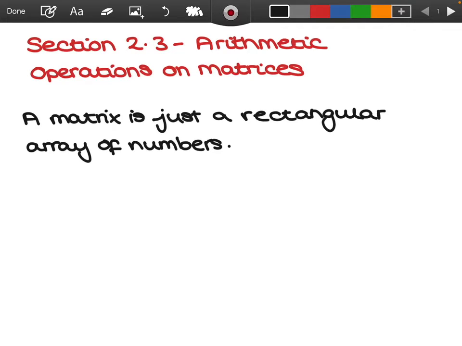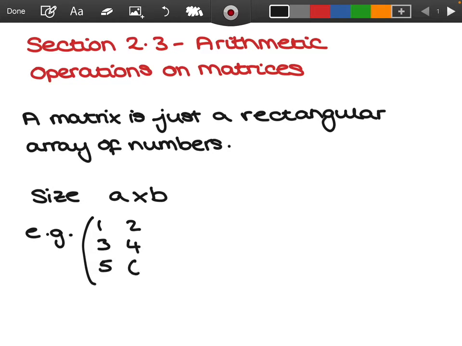Just as general notation, whenever we refer to the size of a matrix, it's always given in terms of row by column. So when you look at the size, it's going to look like A times B. We actually call this A by B. For example, if we have this matrix, I'm just going to make up a random matrix here.